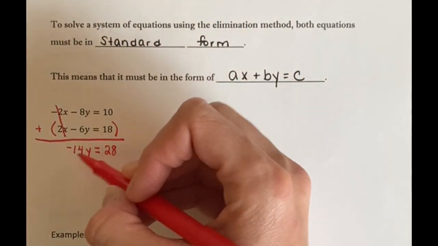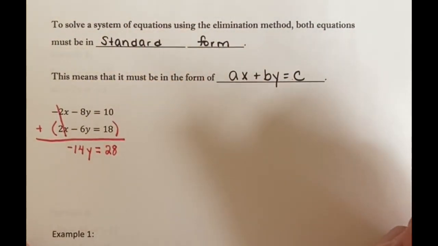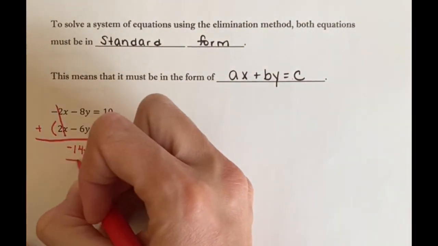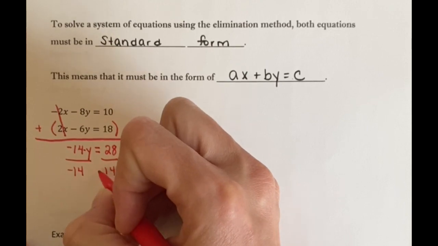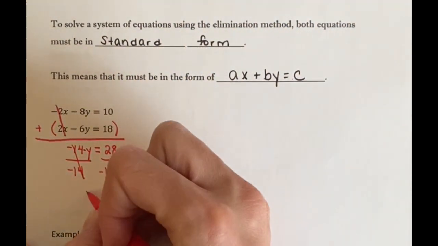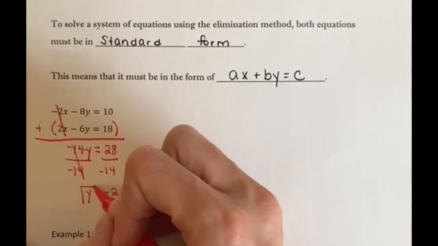Then we're just going to solve for our y here. And the negative 14 and the y are held together by an invisible multiplication symbol. So the opposite is to divide by negative 14. And what I do on one side, I need to do to the other. So I end up with y equals negative 2.